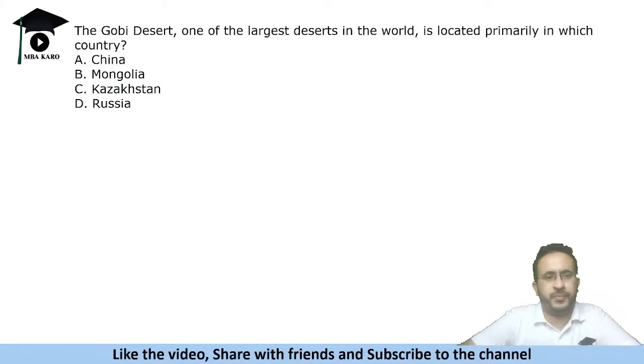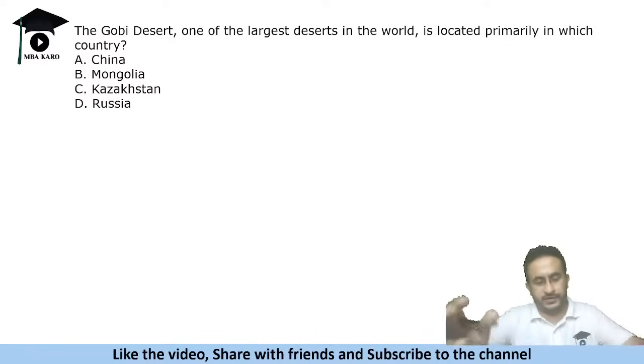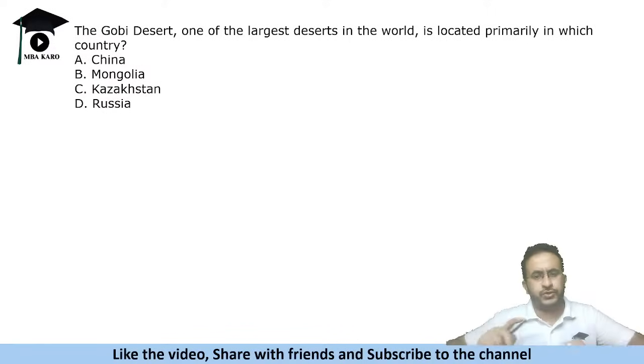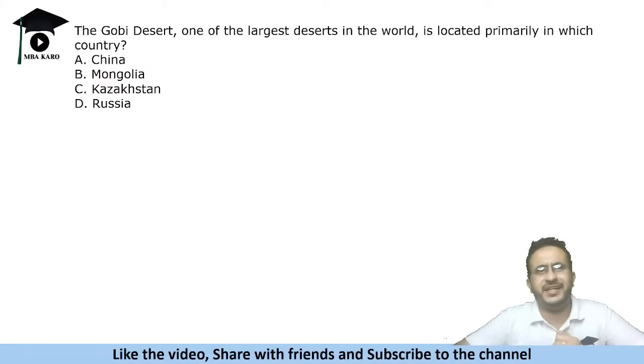Next question. The Gobi Desert, one of the largest deserts in the world, is primarily located in which country? This should be known, like about the deserts. So do read about these different things like lakes, rivers, straits, oceans, seas, which ones are connecting, which ones are disconnecting. The largest desert is Sahara Desert.